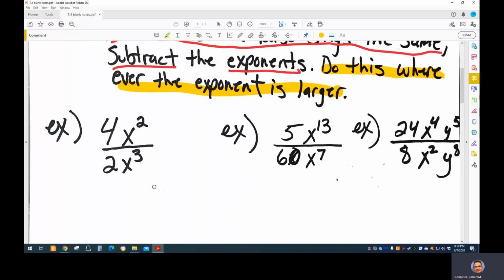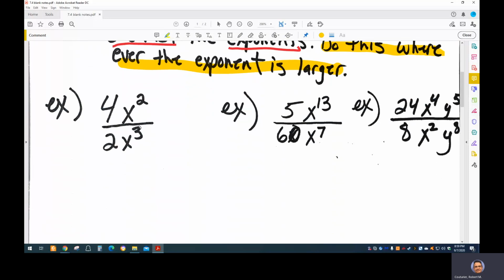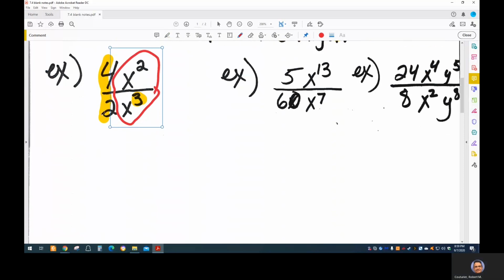So like this first example here, the larger one is going to be in the denominator. So we want to make sure we highlight that. If you're writing your problem down, and we should all be writing all of our work down, highlight where that is. Then say, I'm going to highlight the coefficients, so I deal with them separately, and I'll deal with my exponents separately, and then we start to do our work.